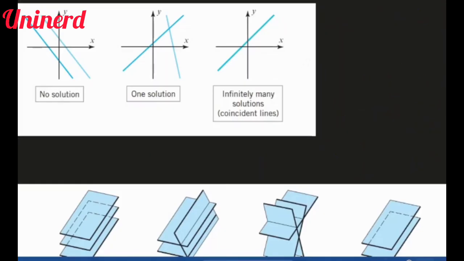Every system of linear equations falls into one of three categories. We can have no solution, only one solution, or infinitely many solutions of the linear system.